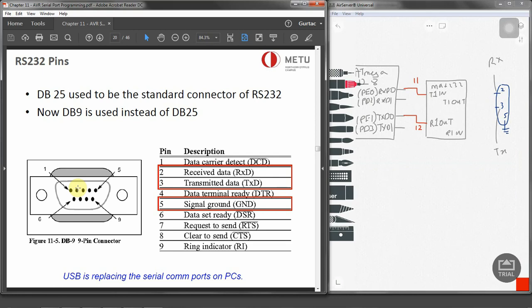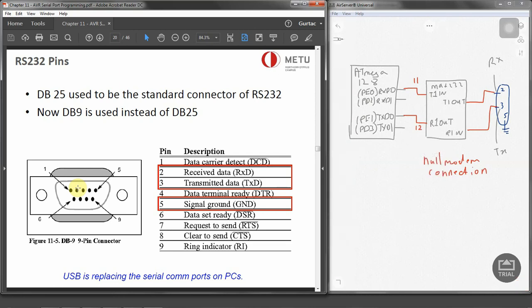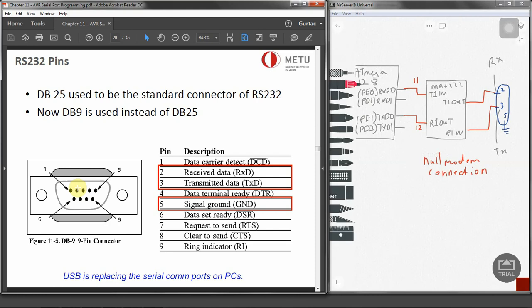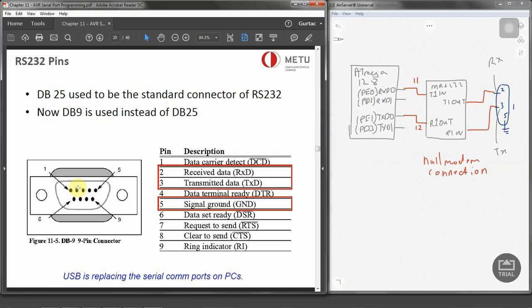So the receive part is going to be connected to the transmit, and the transmit part is going to be connected to the receive. So we are actually having a null modem connection. You have to know this connection between Atmega and DB9 because this is really important and you have to understand how it works.